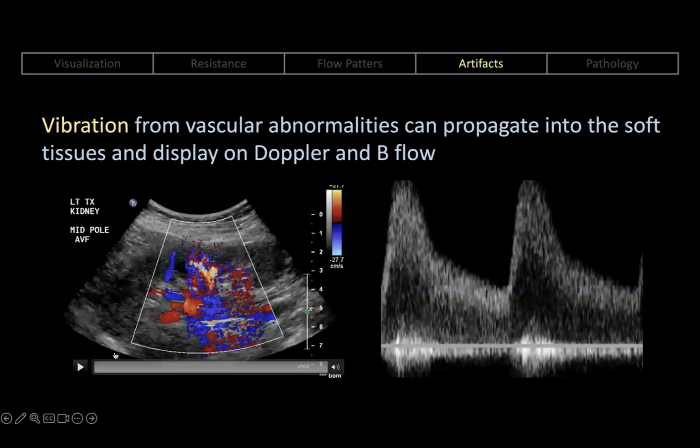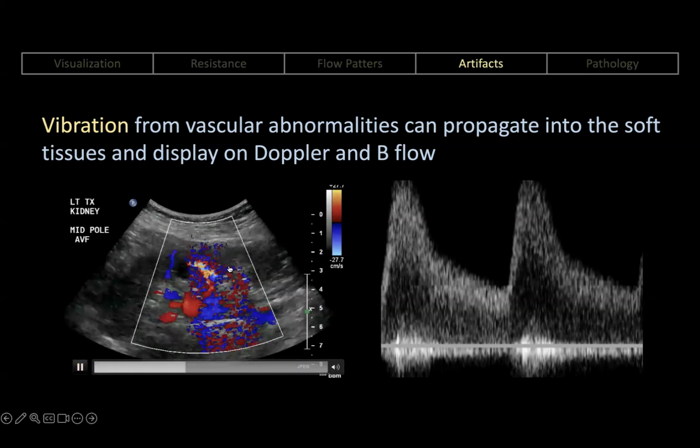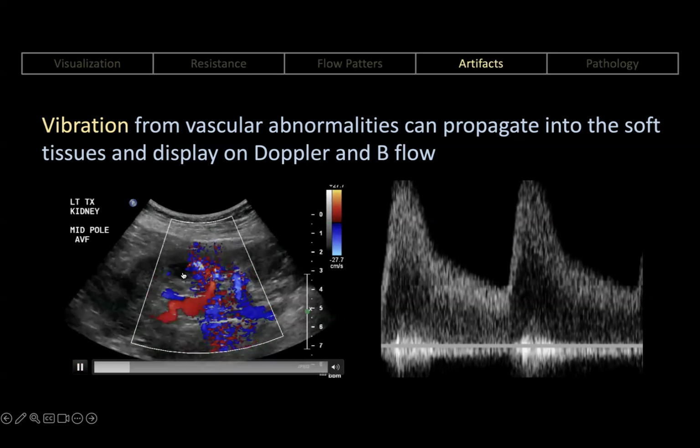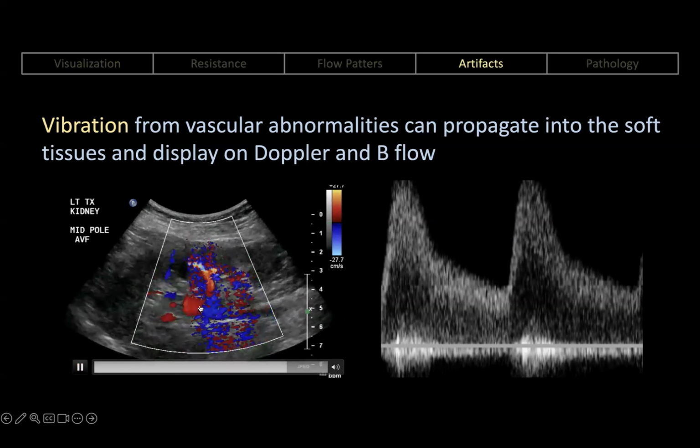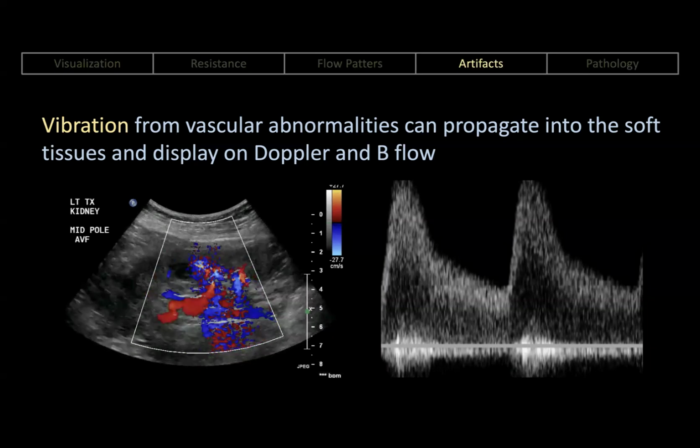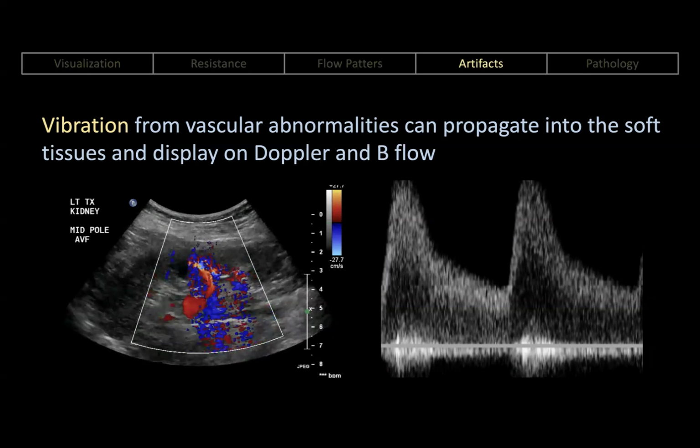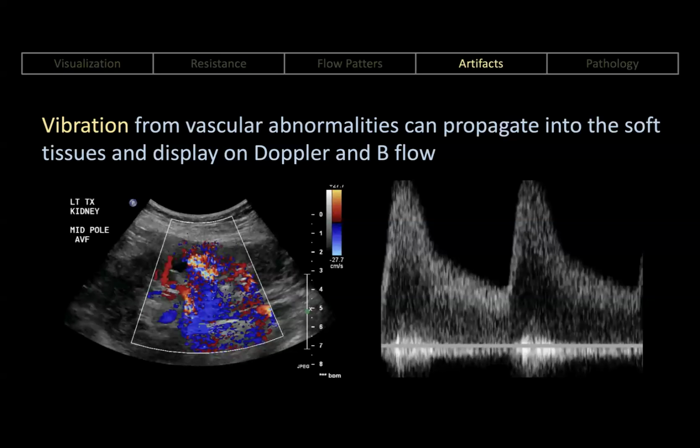Now, vibration is another artifact that's important. Vibration is picked up on Doppler because Doppler is just looking for movement or motion. So if something creates vibration within the tissues, it's going to show up on the color Doppler image. Here you can see this massive amount of Doppler signal within the central portion of this kidney because there's a vibration caused by some pathologic process that's causing all the tissues to vibrate.